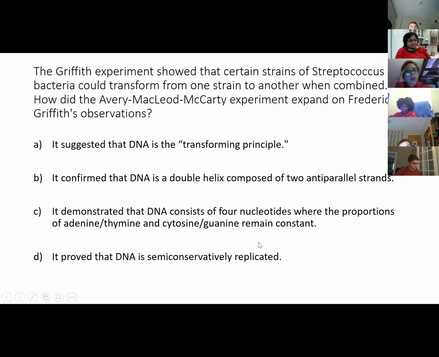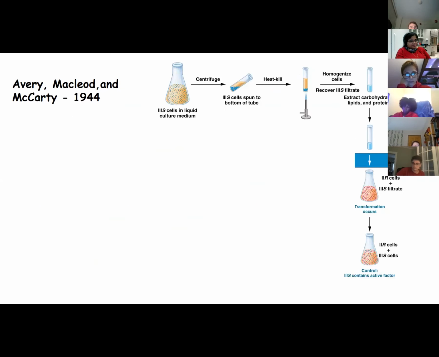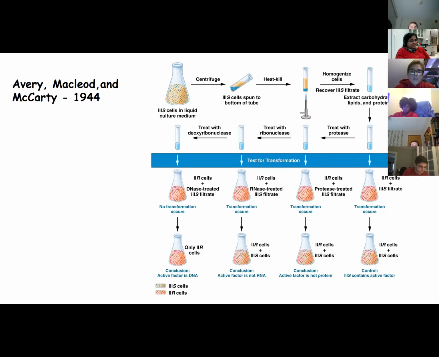Well, they used several enzymes, and they first checked whether RNA was the transforming principle. Sorry, I'm looking through my notes. First they tested to see if it was protein.